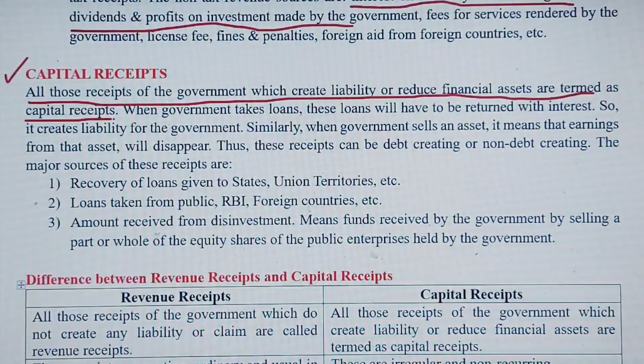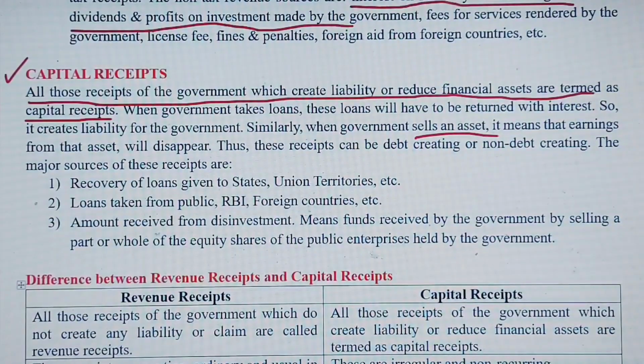When the government takes loans, these loans will have to be returned along with the interest. Sometimes the government also takes loans from the RBI or from foreign banks. So the government has to pay interest for that, and it creates a liability for the government. And sometimes the government sells its assets to various people or foreign individuals.